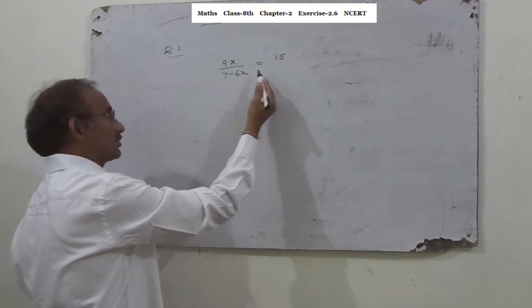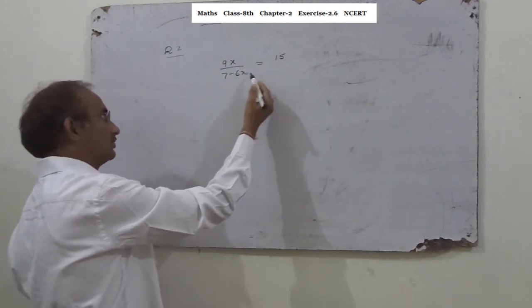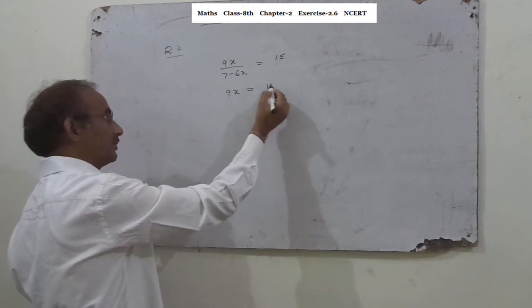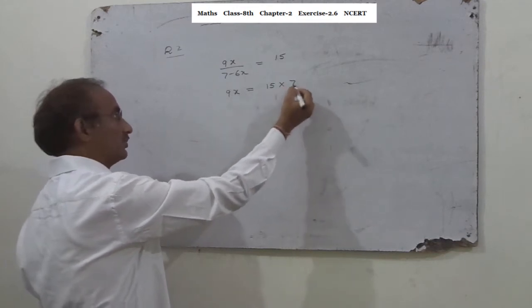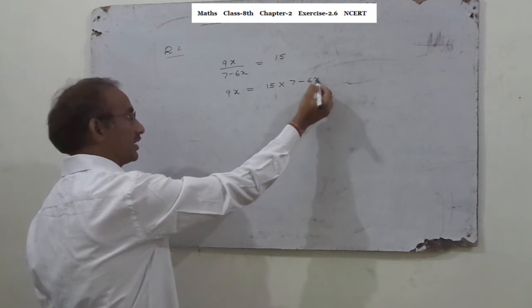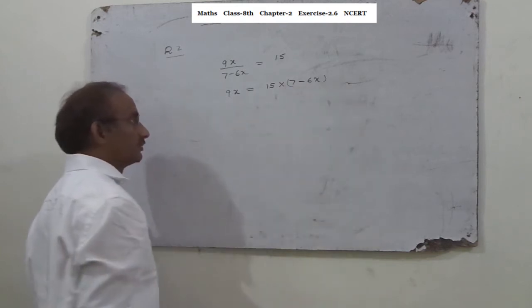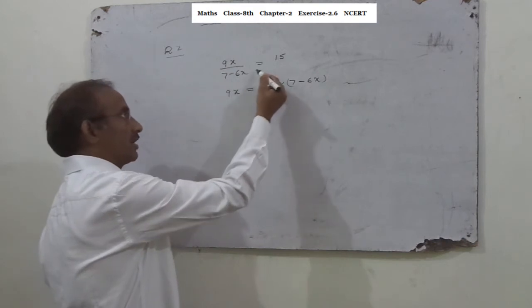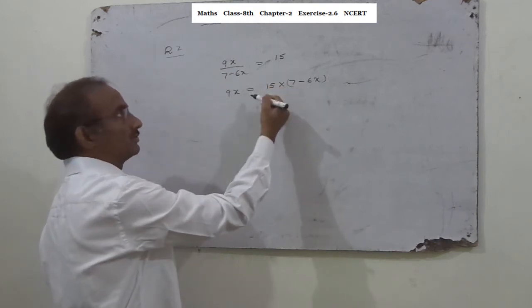We can use the cross multiplying method. So it will be 9x equal 15 into (7 minus 6x). This 7 minus 6x is multiplied with 15.